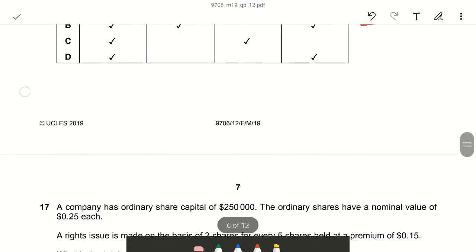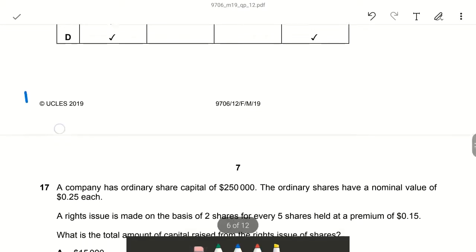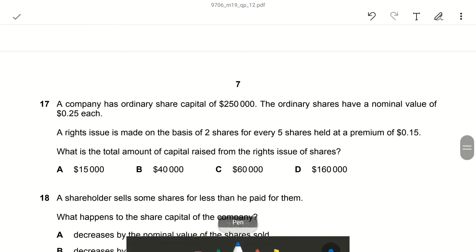Next, question number 17. A company has ordinary share capital of 250,000. The ordinary shares have a nominal value of $0.25. A rights issue is made on the basis of 2 shares for every 5 shares held at a premium of 0.15.